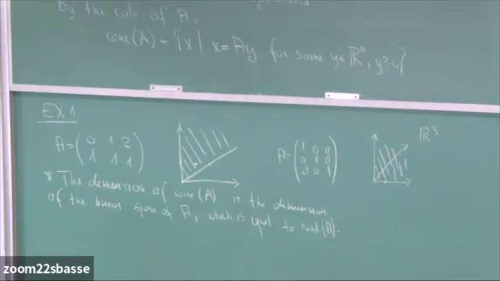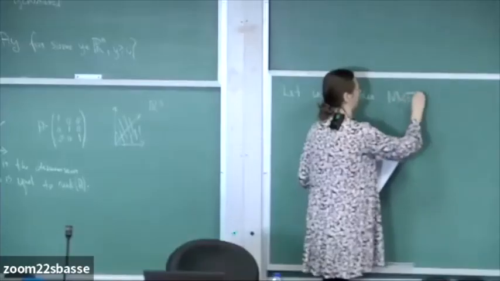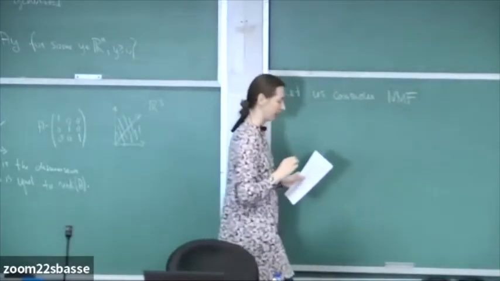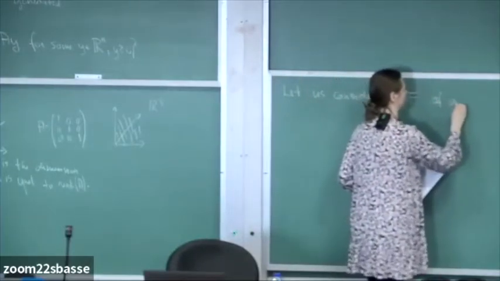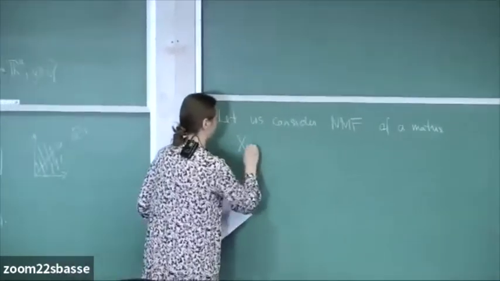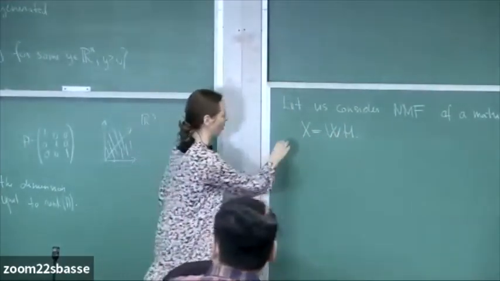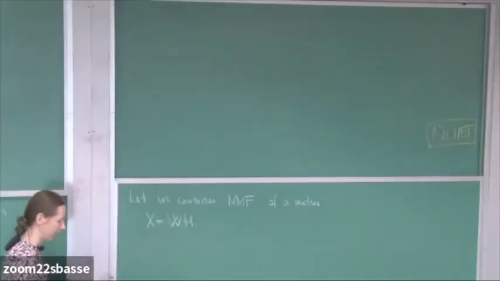Okay, so this was a reminder about cones. Now let's connect it to non-negative factorizations. Let us consider an NMF, which, let's recall, was a non-negative matrix factorization of a matrix X. This is the non-negative factorization, meaning that all the entries of these matrices have to be non-negative.